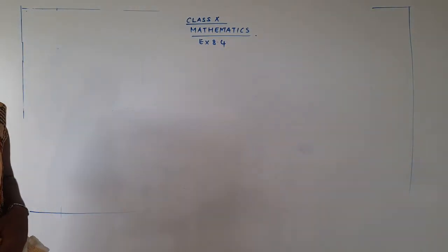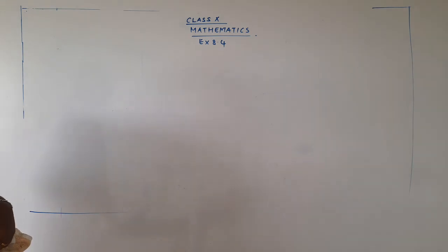The question: if A and B are two mutually exclusive events of a random experiment and P of not A is equal to 0.45, P of A union B is equal to 0.65, then find P of B.